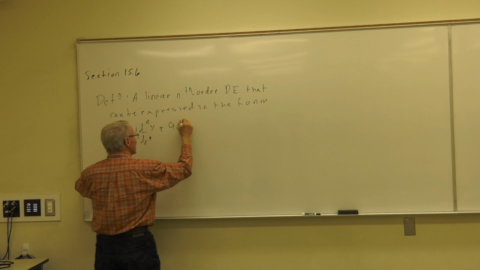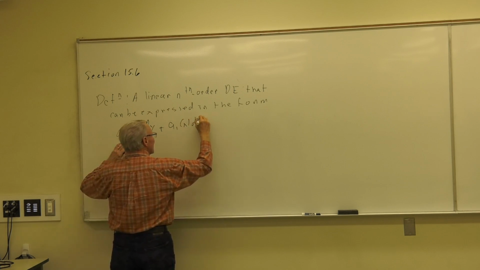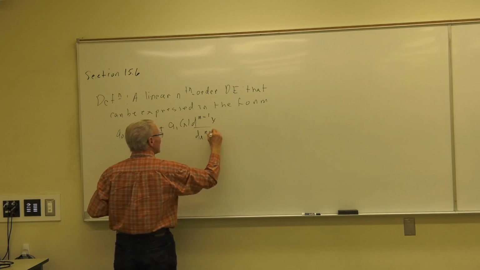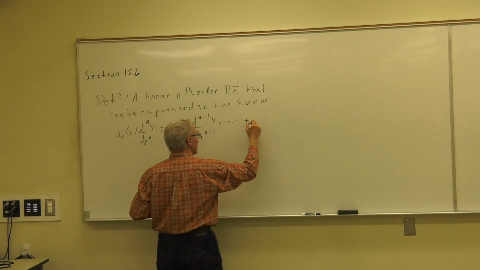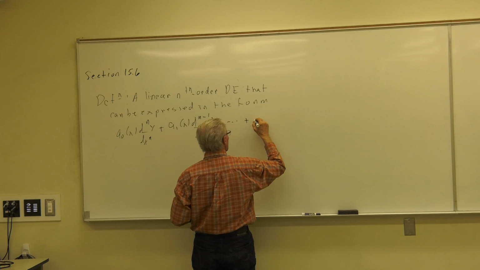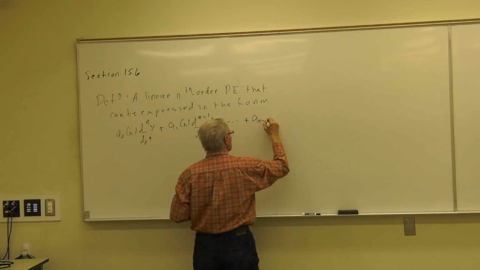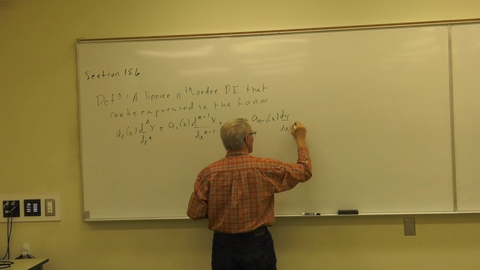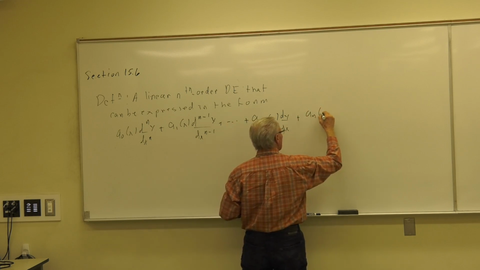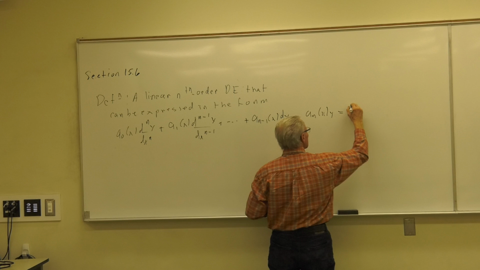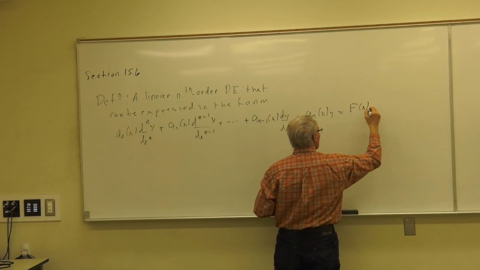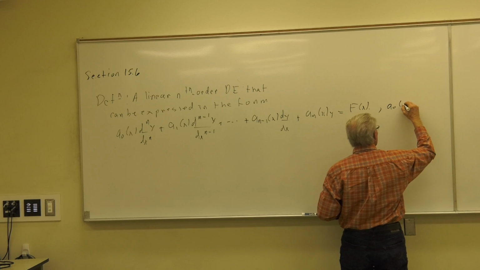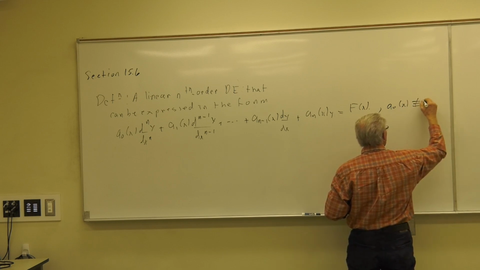Another function of x, a1 of x, multiplied by the n minus first derivative. And you keep on going until the end, in which case you get at the end a sub n minus 1 of x, function of x, times dy dx, plus the last function a n of x multiplied by y, is equal to any function of x, where a0 of x is not identically 0.